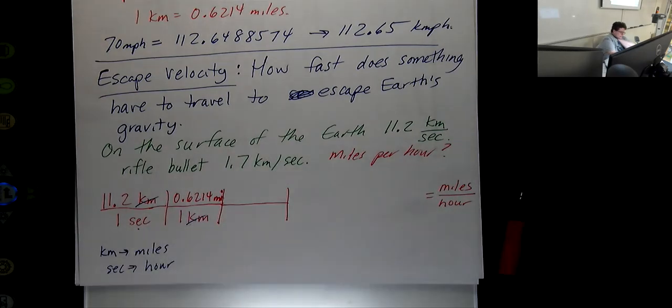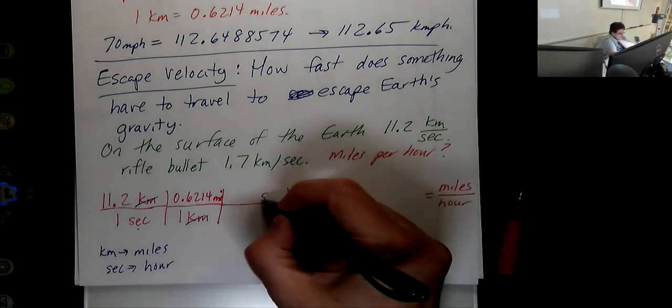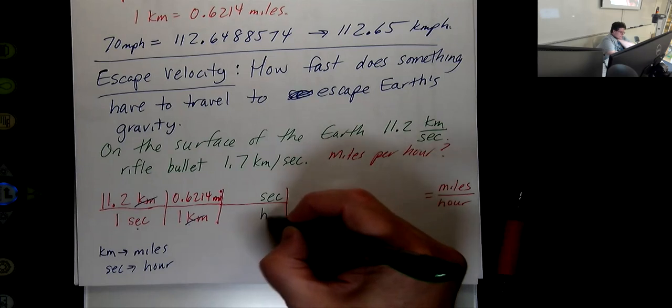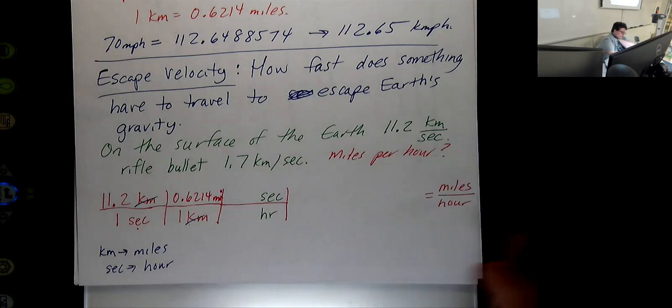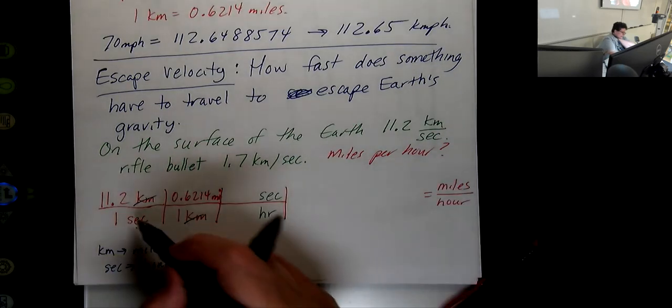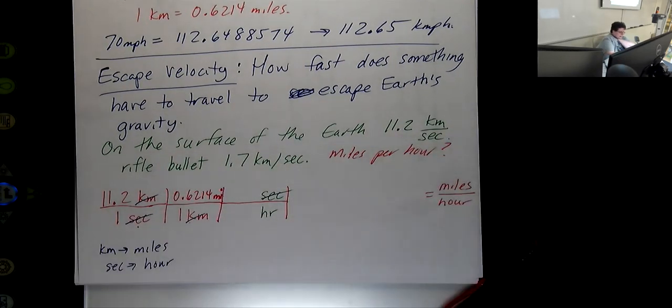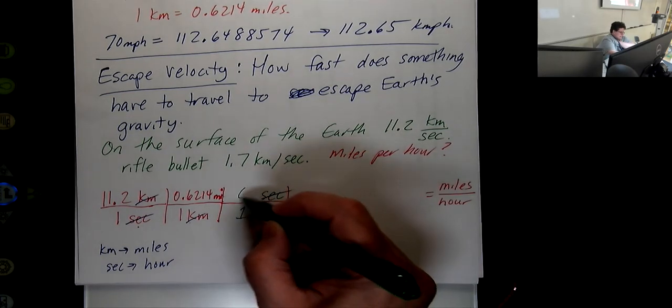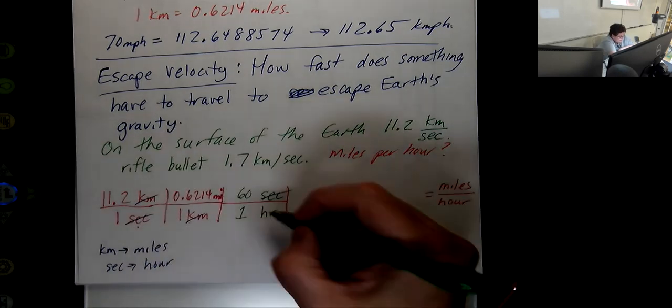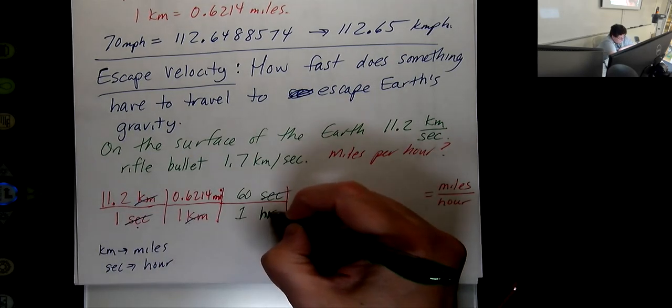So what I'm going to do is put seconds on top. And seconds convert to hours. If I put seconds on top, I've got 1 on bottom and 1 on top, and they will cancel out. And I just need to make sure I put the right conversion in. 1 hour is 60 seconds. Or 1 minute. 1 minute. What am I doing? Hours.